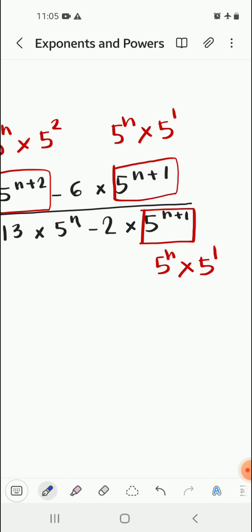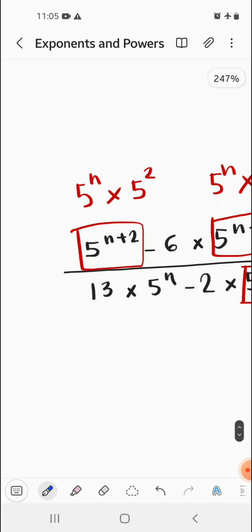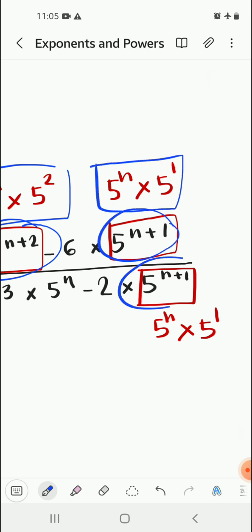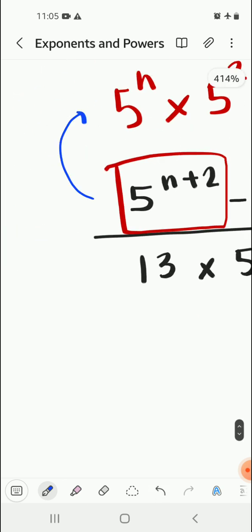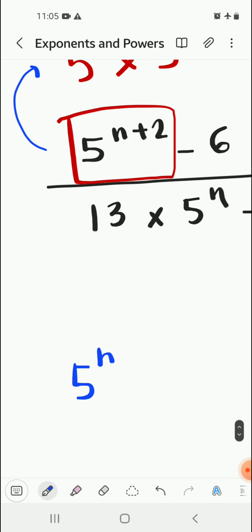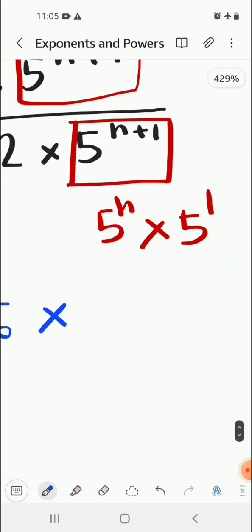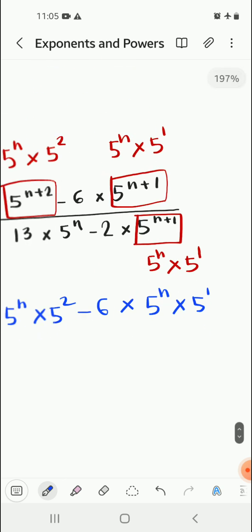After this, we have to take a common number from each of this. So see, from this expression, replace this by this, and this by this, and this by this. If we do it, what we get is 5 to the power n into 5 to the power 2 minus 6 into, again, 5 to the power n into 5 to the power 1.